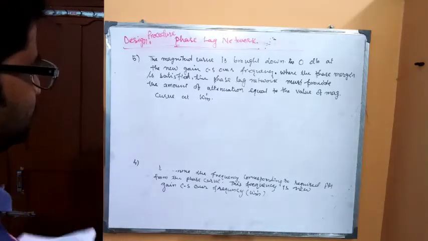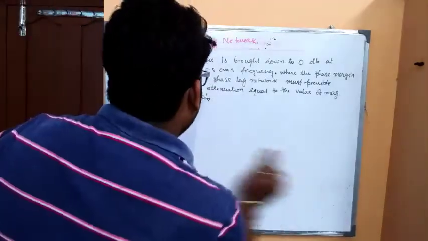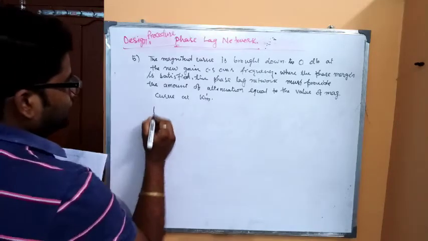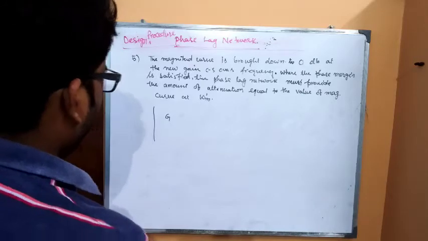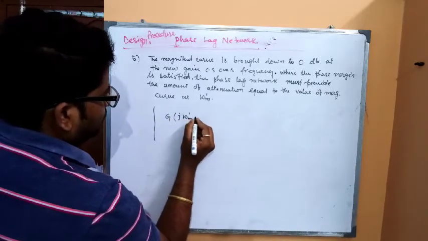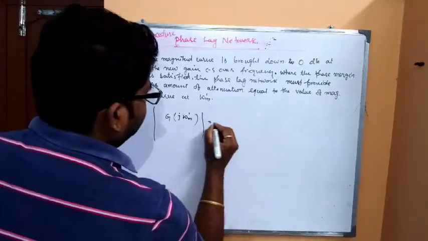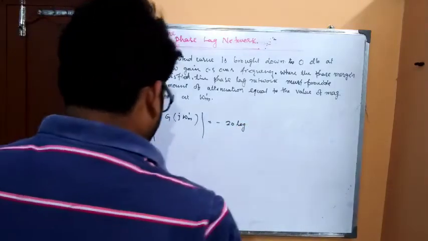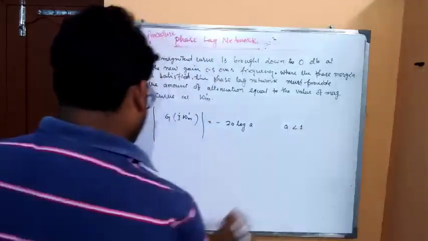Now, the value of magnitude at omega m dash, that is |G(j omega m dash)|, is equal to minus 20 log a, where the value of a is less than 1.